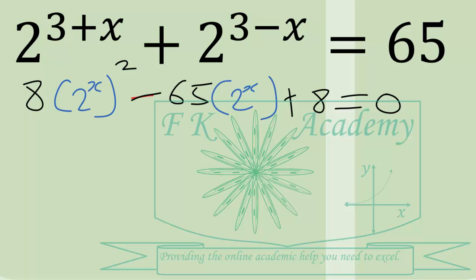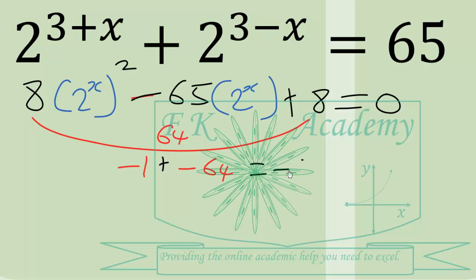So we first of all multiply whatever is here by this to get 64. So we look for 2 factors of 64 that when we add we get negative 65. And this will be negative 1 minus 64. When we multiply this, we get positive 64, but when we add, we get negative 65. That we can use to split this term here.